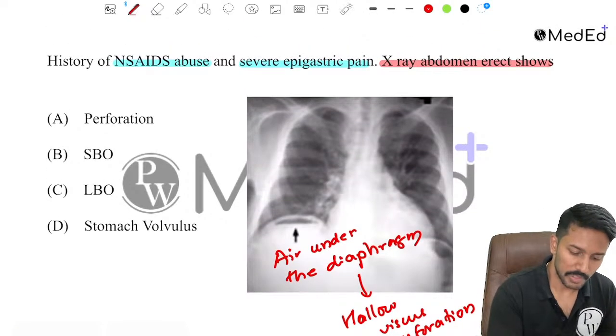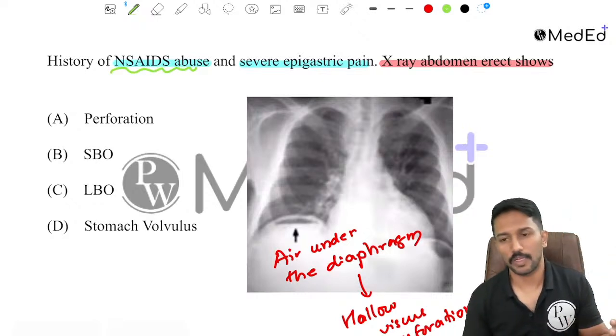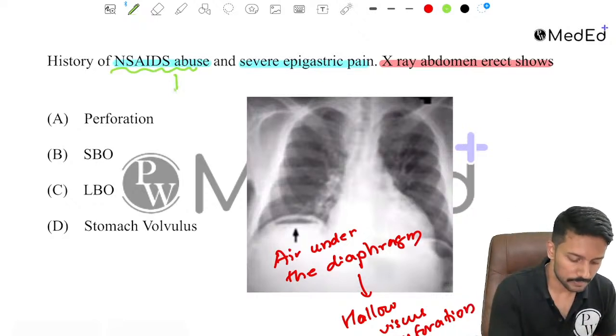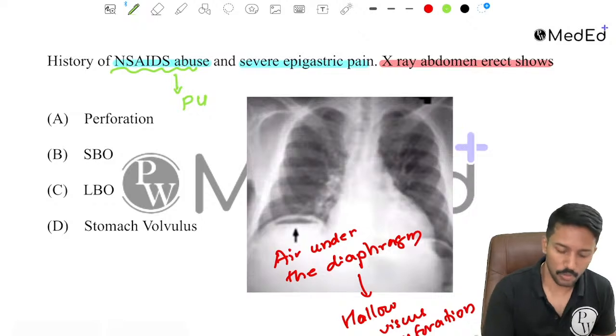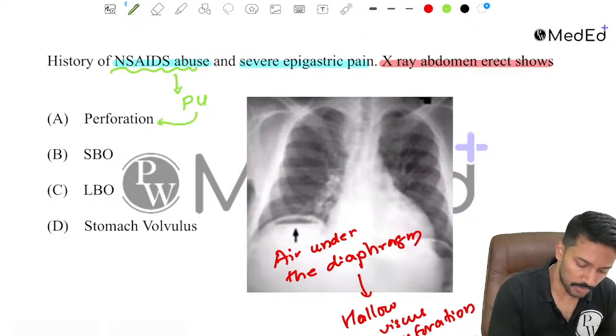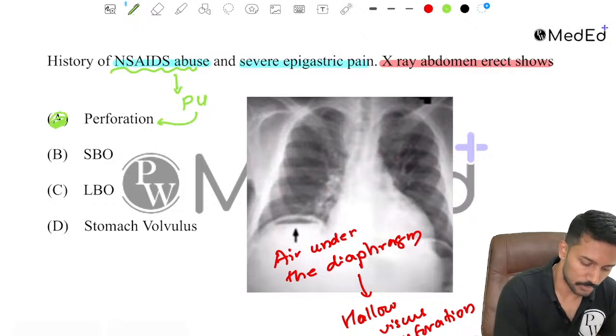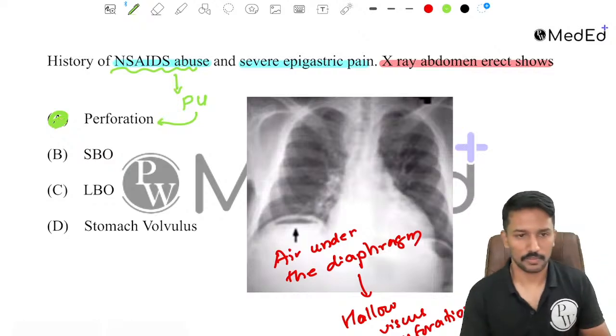In this case, it becomes much more likely because the patient has a history of NSAID abuse. So probably he would have developed a peptic ulcer either in the stomach or the duodenum, and that has now perforated, giving rise to air under the diaphragm. So option A becomes the correct answer for this question.